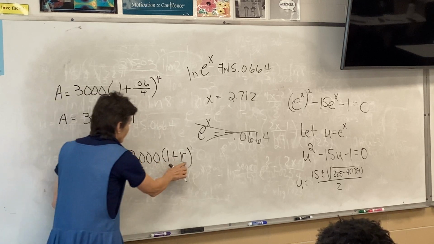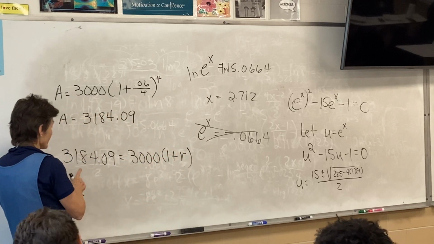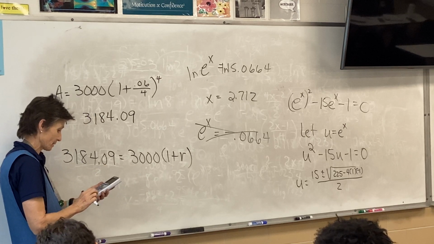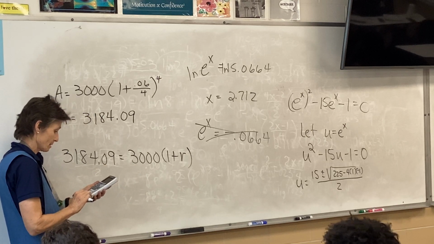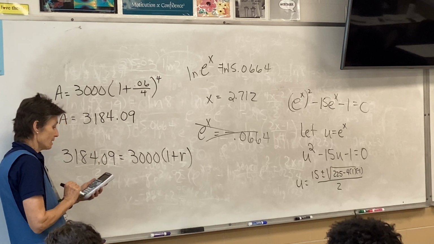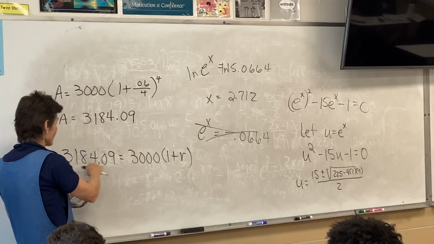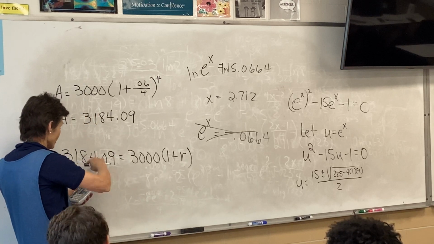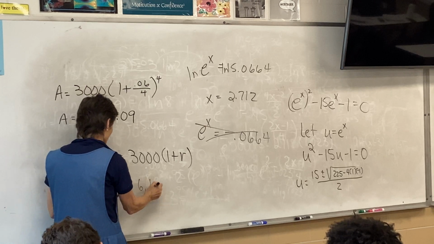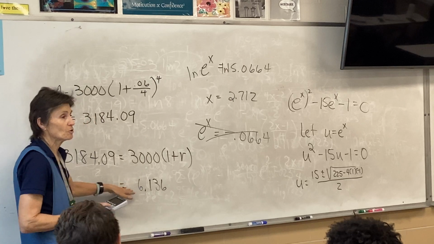So, don't let that confuse you. So we're going to divide this number by 3,000, subtract 1 from it, and that is about, I did not use the rounded number, I used the original number, but I got R to be 6.136.